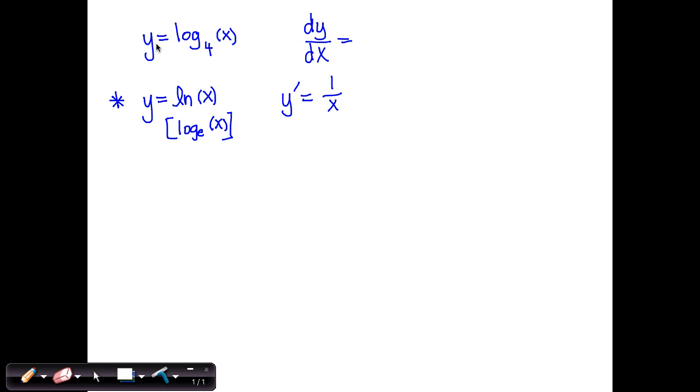In general, for logarithm functions with a base of whatever number, here 4 as an example, the derivative would be 1 over x, the argument or input to the logarithm, times, in the denominator also, the natural log of 4. If you remember our exponential functions, e to the x was its own derivative. If it was something else to the x, there was a times natural log of that base tagged on.